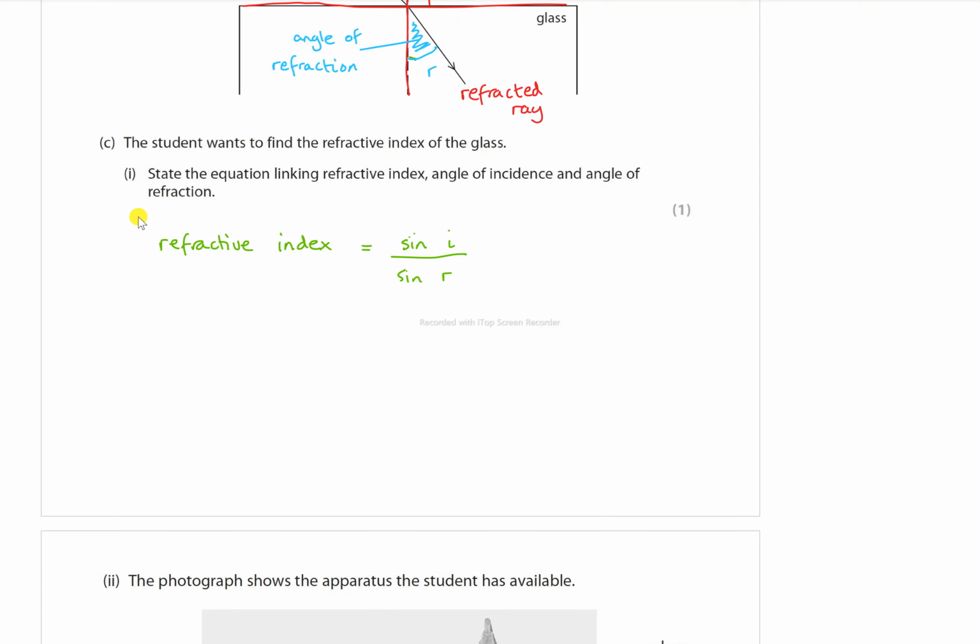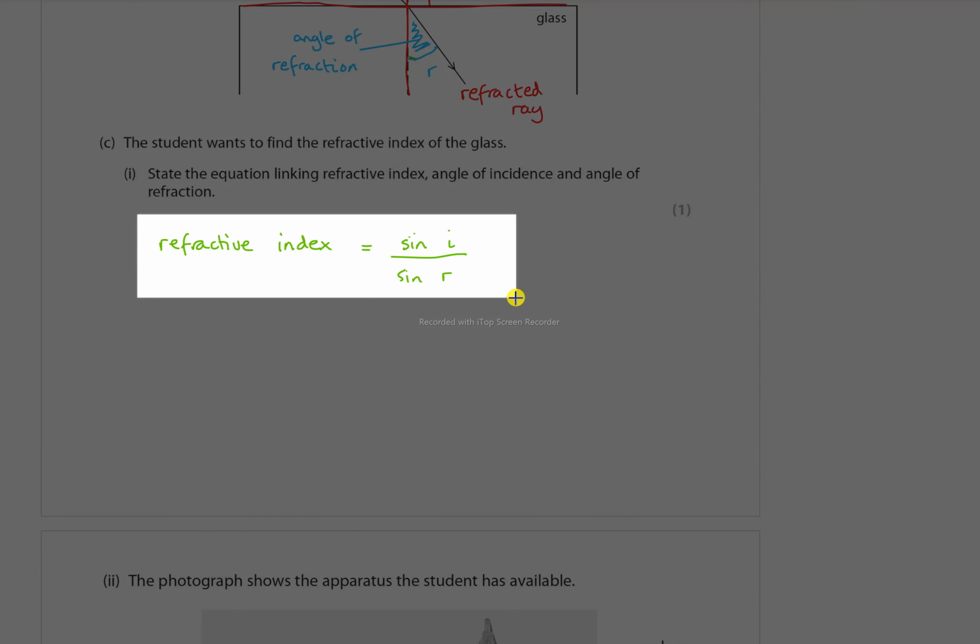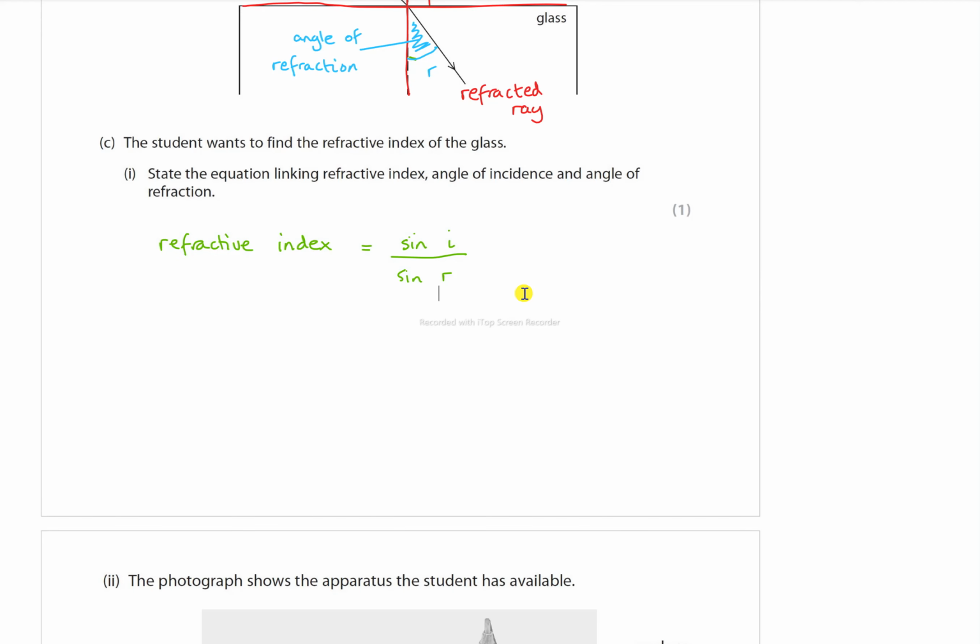So let me just put that down. Refractive index n equals, so let me just take another copy of that.